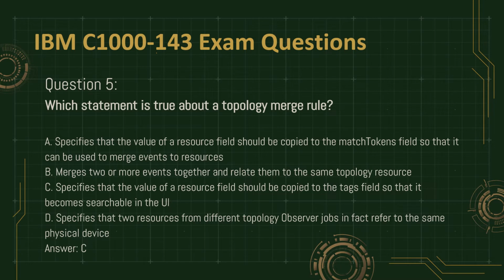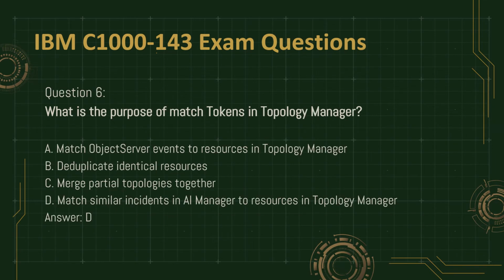C. Specifies that the value of a resource field should be copied to the tags field so that it becomes searchable in the UI. D. Specifies that two resources from different topology observer jobs in fact refer to the same physical device. Answer: C.